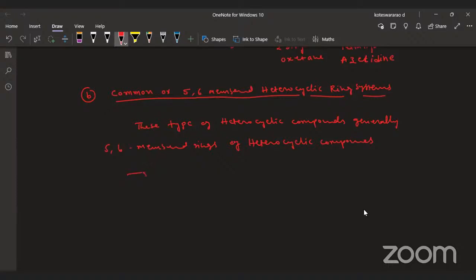For example, you take pyridine, pyrrole, furan, thiophene. Okay, these are the examples for the common heterocyclic systems.